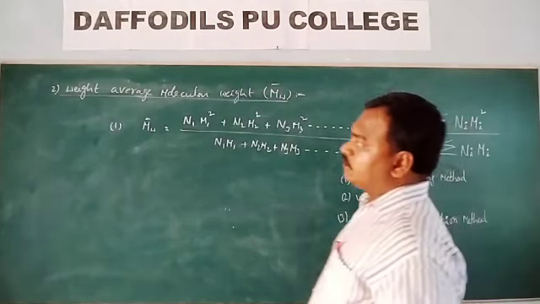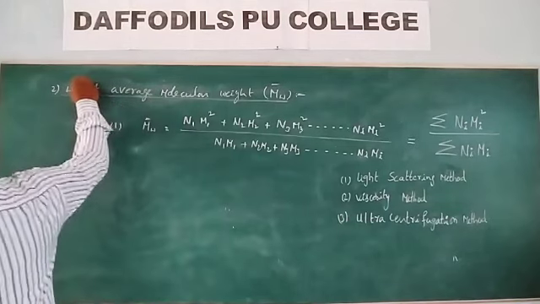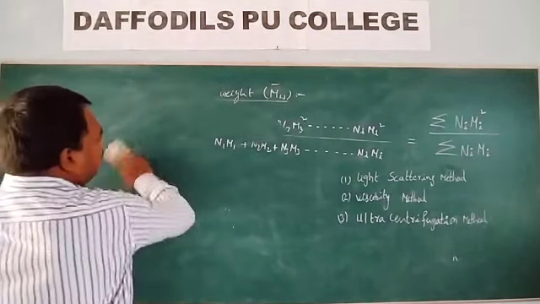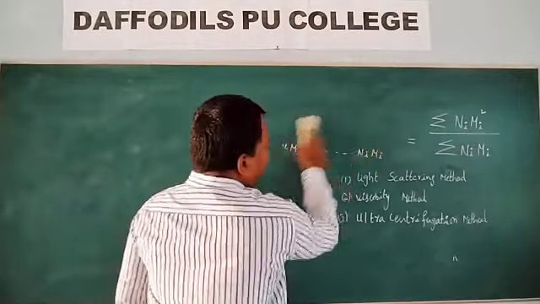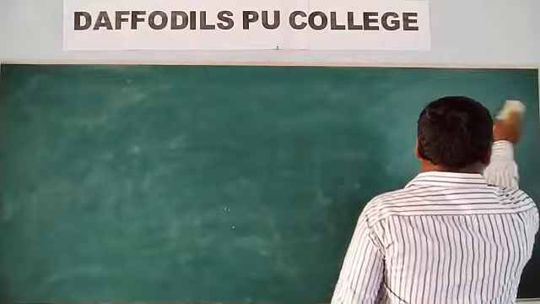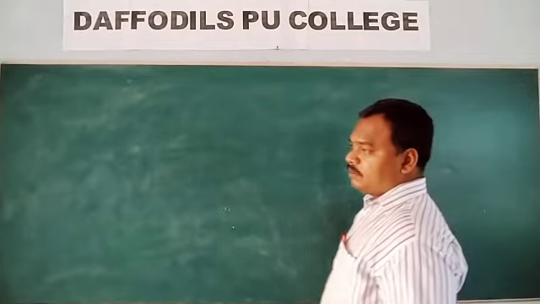So this is the weight average molecular weight, Mw bar. This is about the number average and weight average molecular weights, which are used to find the molecular weight of a polymer.